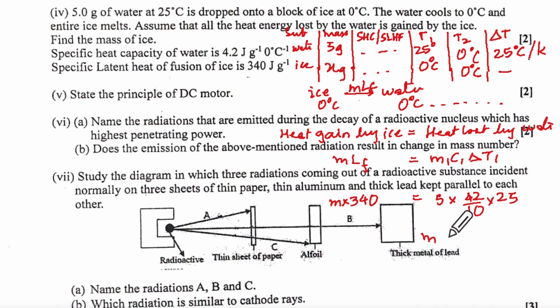So your M is equal to 5 into 42 into 25 upon 10 into 340. Have I made a mistake? No, I don't think so. So 5 ones and 5 twos, 2 ones and 2 21s.